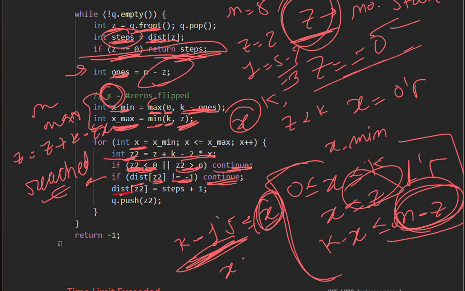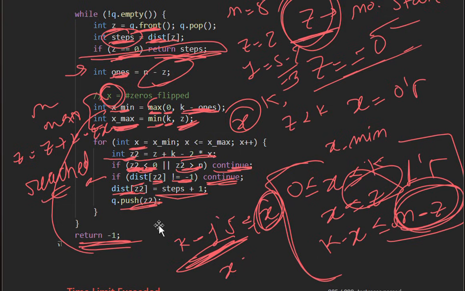Else what we'll do is we'll increase the distance of this state by 1, and push this state into the queue. So this way we'll be exploring all the states, and at the end we'll be returning -1. If none of the answer is possible, we'll be returning -1.